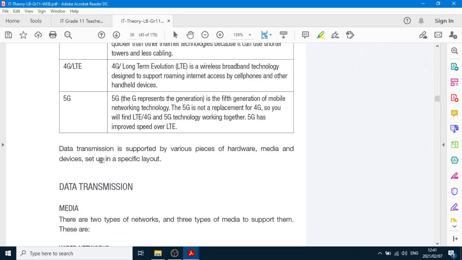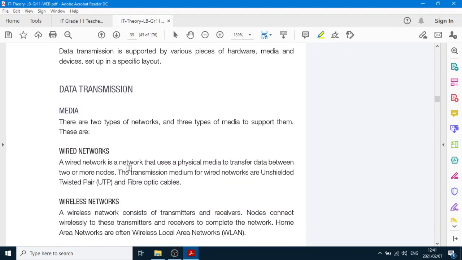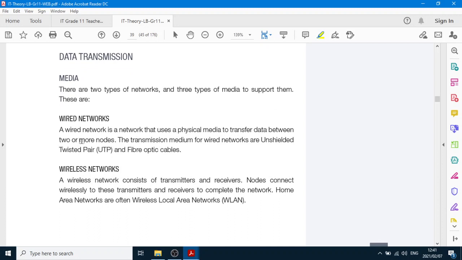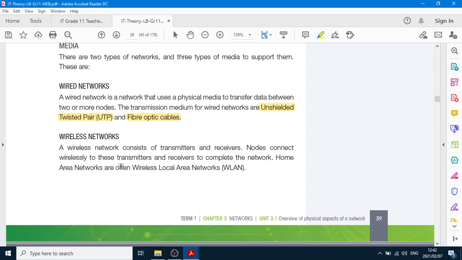So data transmission, supported by various means of hardware, media and devices in a specific layout. So 2 types of networks and 3 types of media. Wired networks use twisted pair or UTP, unshielded twisted pair, it's copper cables, or fiber optic cables. That is our transmission, the main ones for wired networks.